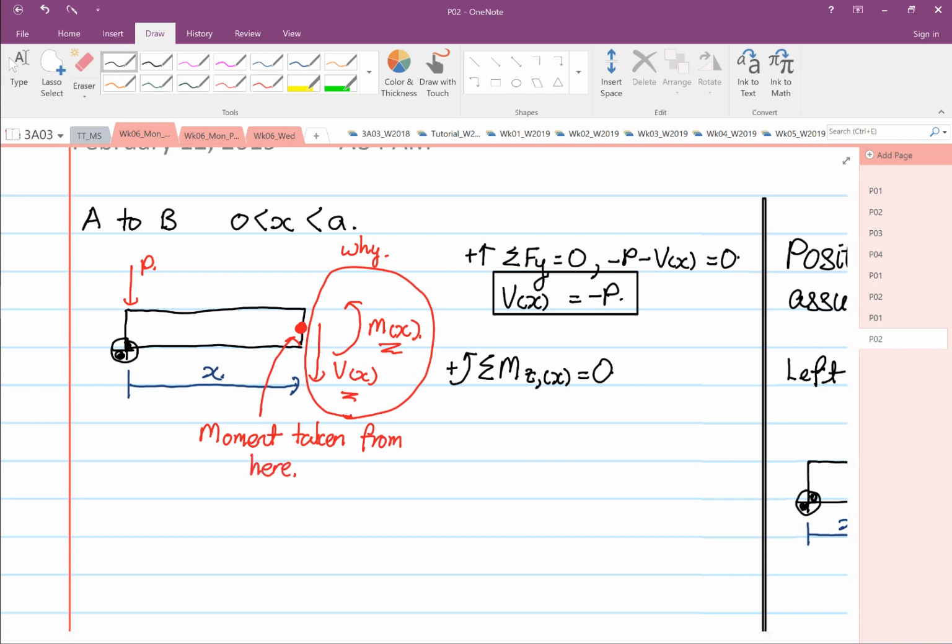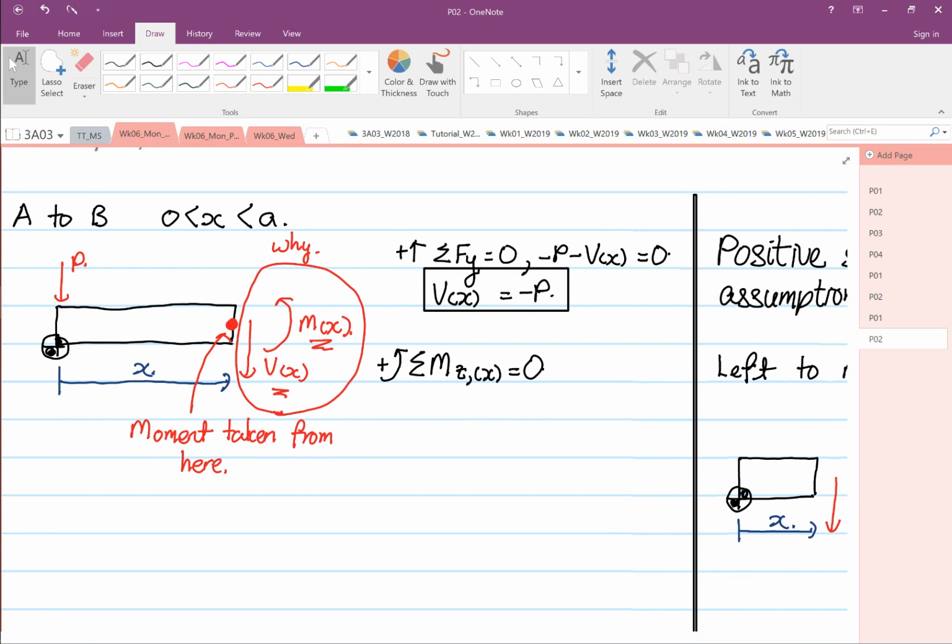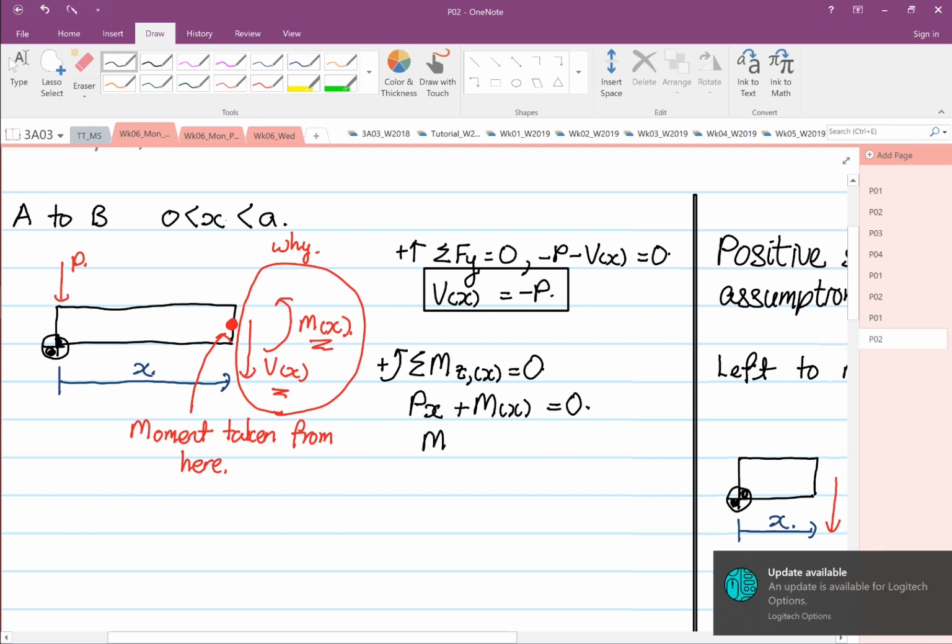So when that's the case, anti-clockwise positive, so you have px plus M as a function of x. The whole thing is 0, so M as a function of x will be equal to minus px.